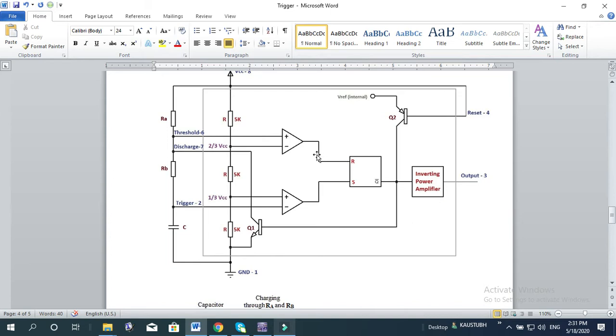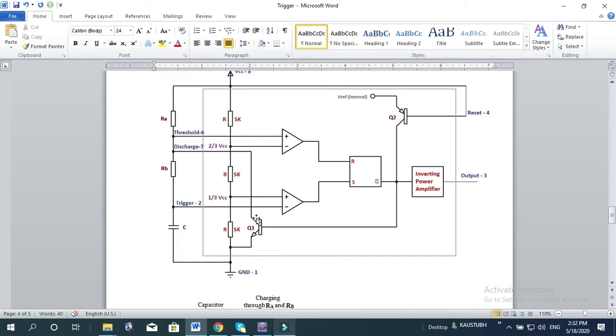the output will be 0 here, and here it will be 1, and this is the Q bar output. So Q bar output will be 0 here. When the output goes low, the transistor is switched on.